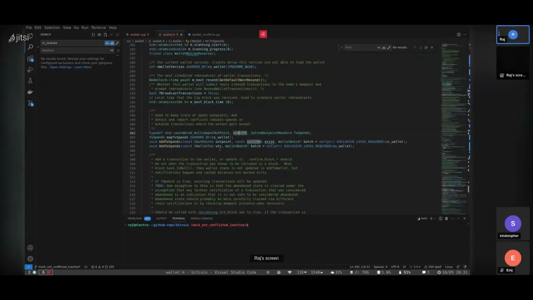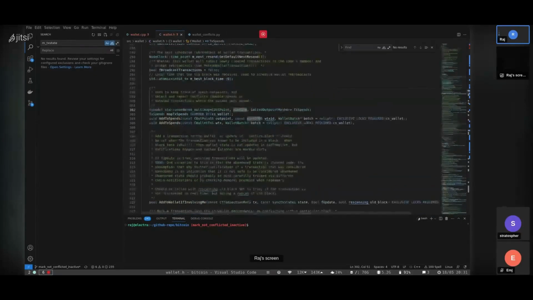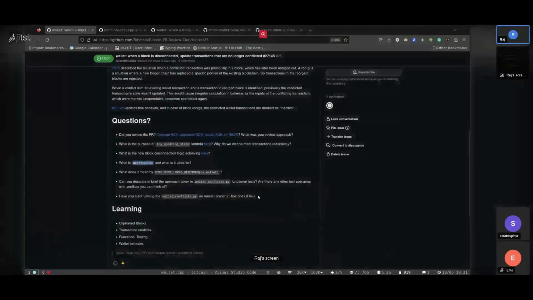Some of the spends get confirmed, some of the spends don't get confirmed, and depending on the state of those various transactions, the wallet will calculate different balances. Any other questions so far on this part?